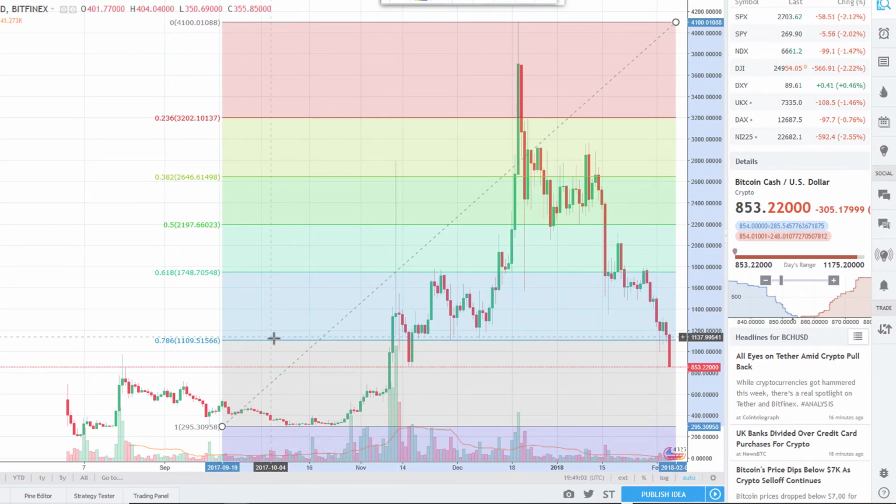It hadn't actually ever gone up to this level, so we didn't know back here that this was going to be an important high and this was going to be an important low. So that's the weird geometry of Fibonacci retracements.